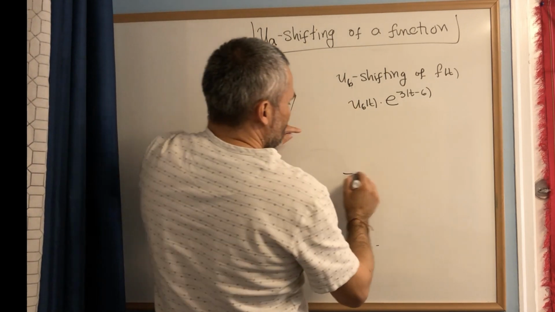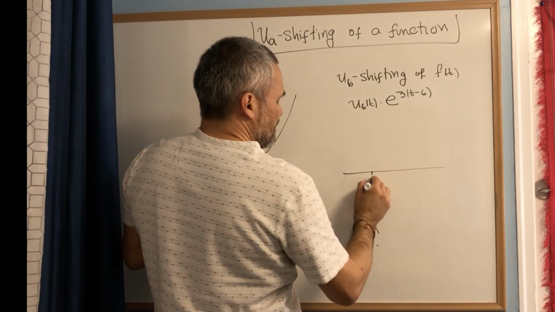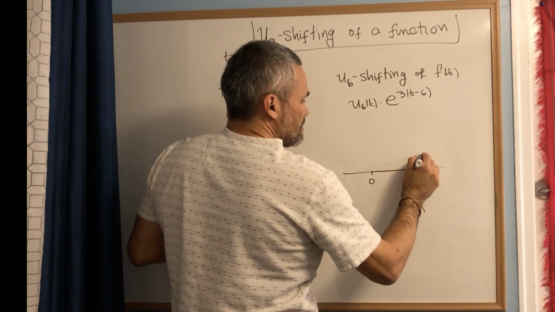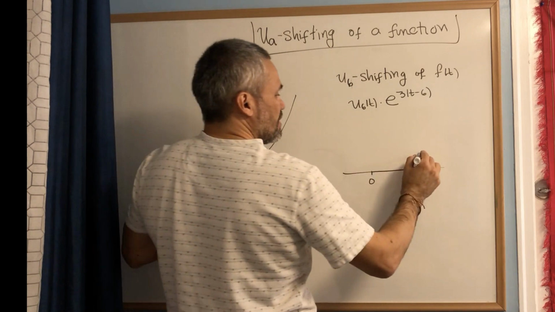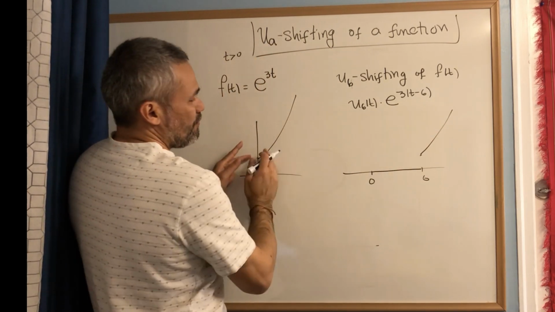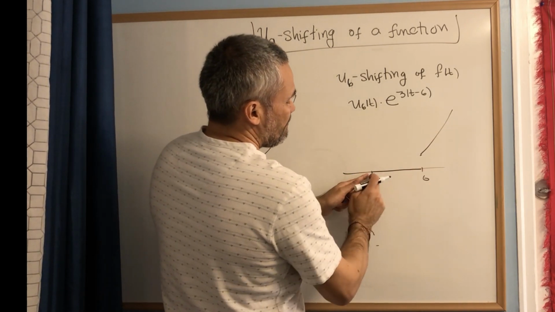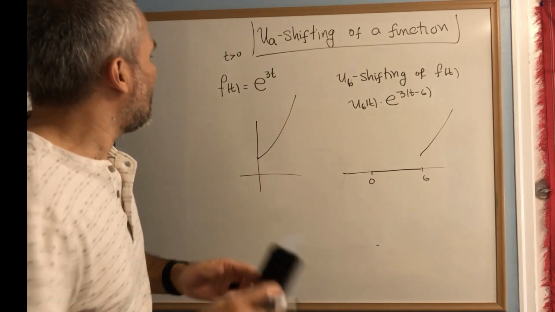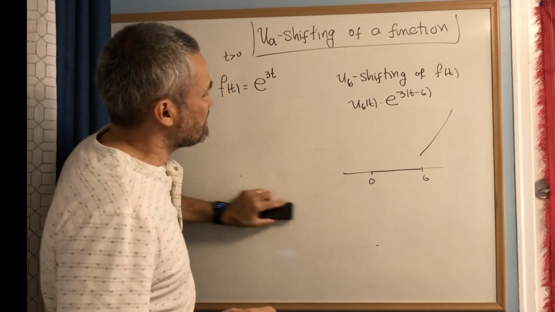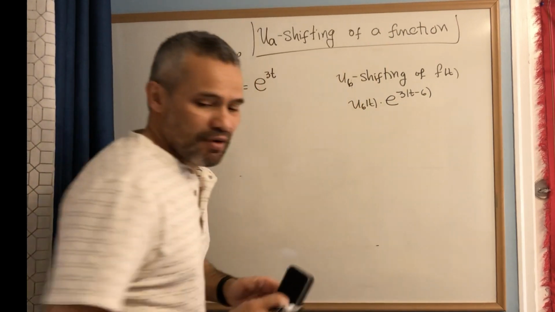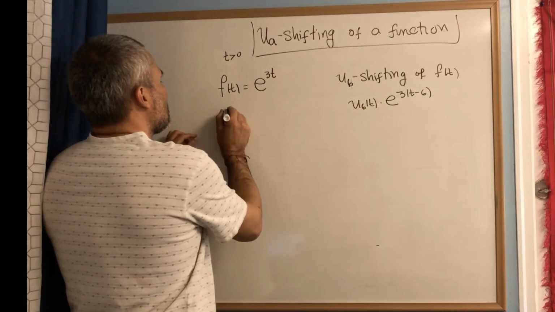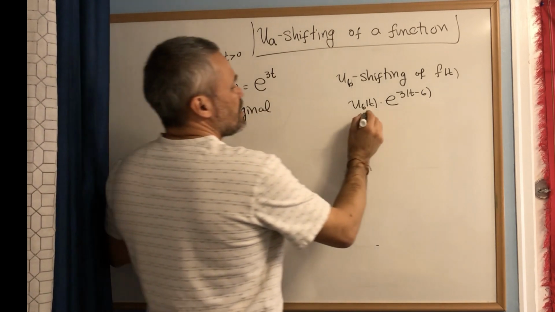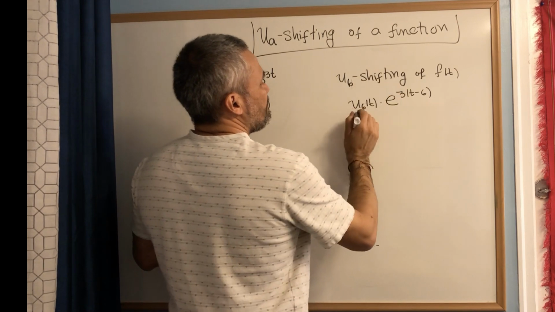And the graph of this function is: here is 0, here is 6, before 6 it is 0, here is 1, and then it's a translation of this function, but making everything from 0 to a equal 0. We need to practice how to move from the original to what I'm calling the u6 shifting.